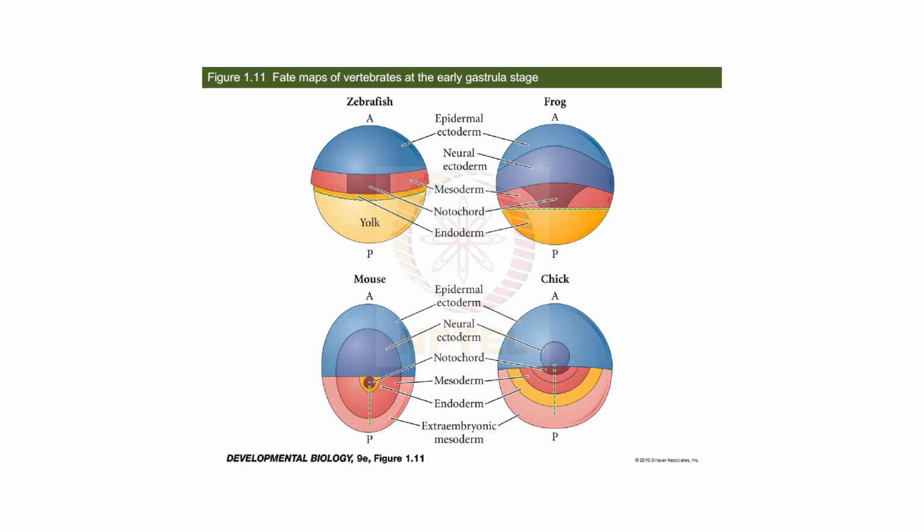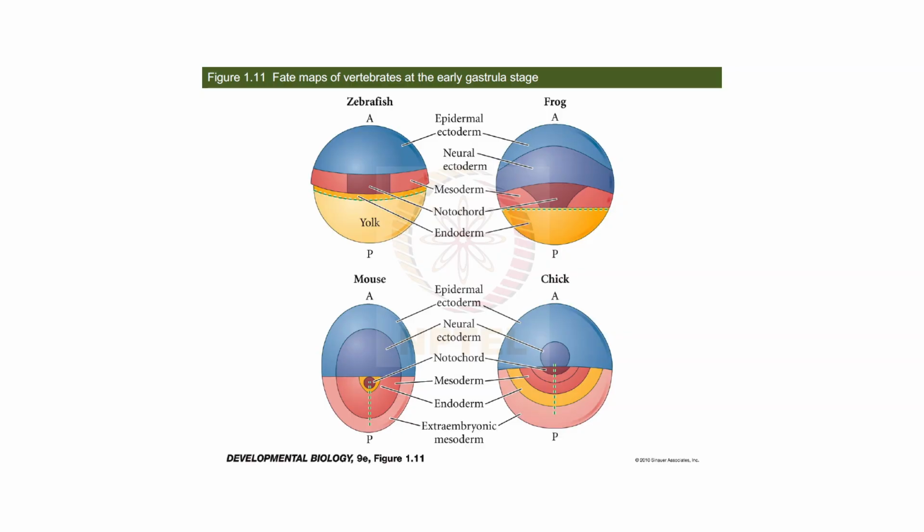Then again the next thing that comes is the fate map. So a fate map is basically a map of different cells or different regions of a zygote or a developing zygote, blastula, gastrula, in which we tell which cell led to the formation of what type of cell, which cell led to that lineage.